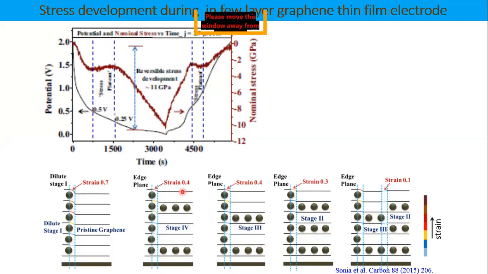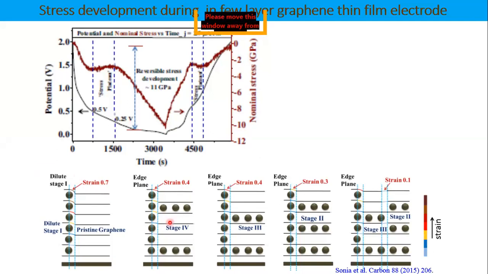If we look at the mechanism of stress development, as I have told, in graphene lithium gets stored in stages: stage 3, stage 2, stage 1, and correspondingly lithium graphitic carbon compounds are formed. In the dilute stage, or stage 4, where lithium is randomly intercalated in graphene or graphite, a strain of around 0.7 gets built up.